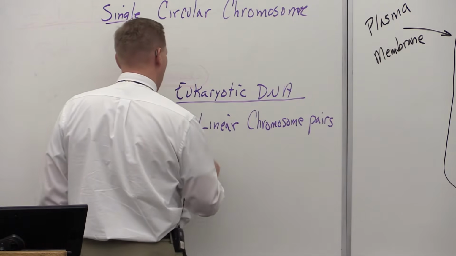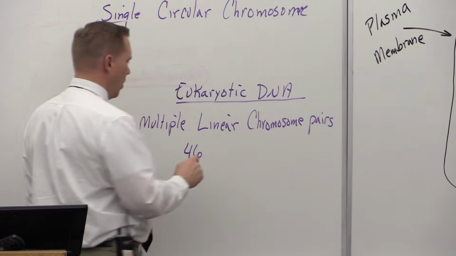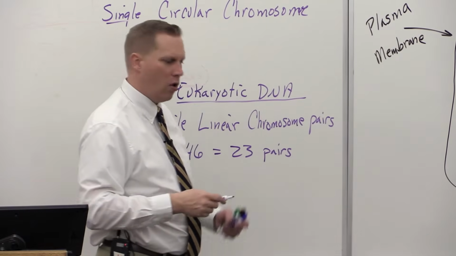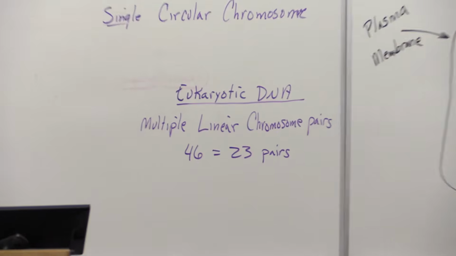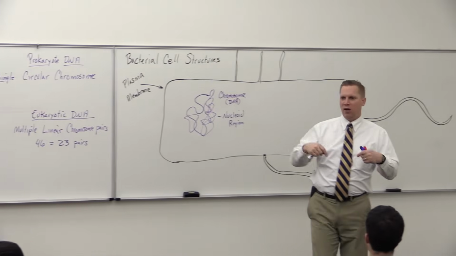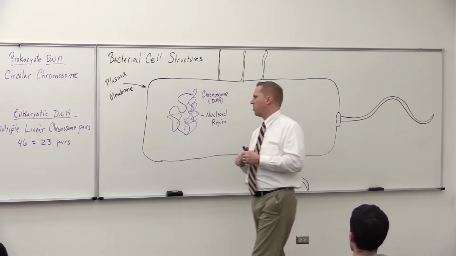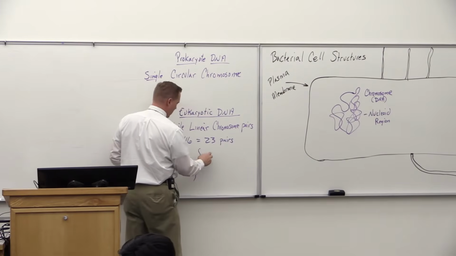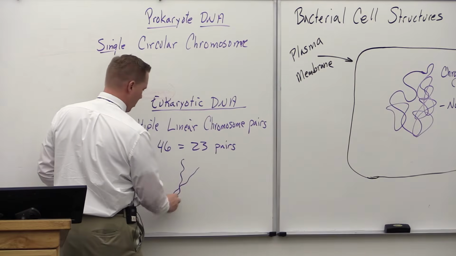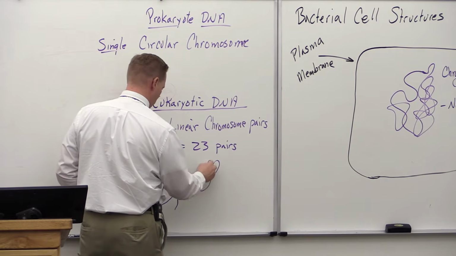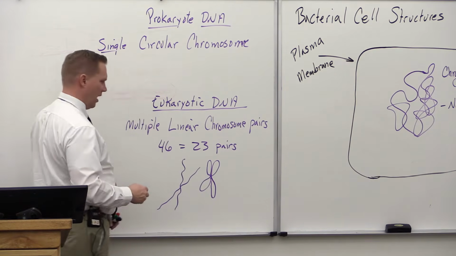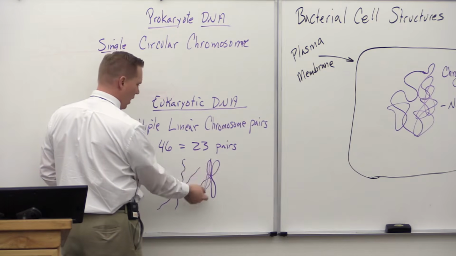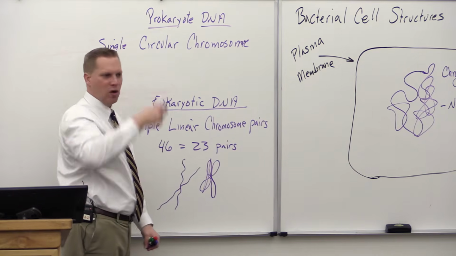For example, humans have 46 chromosomes, which is because they have 23 pairs. Right? So in eukaryotic organisms, you'll have 2 copies or a pair of chromosome number 1. You'll have 2 copies or a pair of chromosome number 2. And those chromosomes are linear, so they look like long pieces. Sometimes we see them in this X structure, something like that for the human chromosomes, where this has been duplicated. But the point is, this is one single long piece. It's not circular, it's just long and linear.